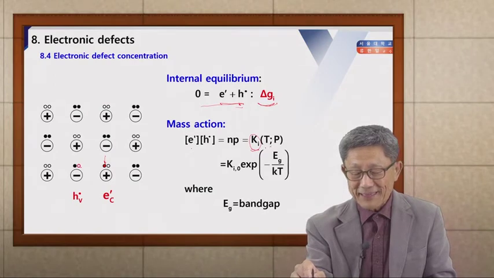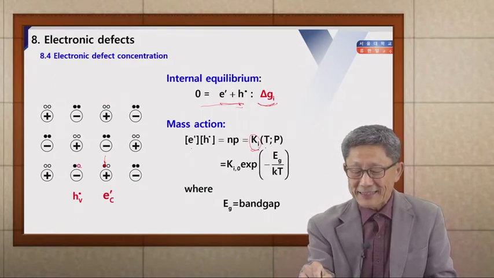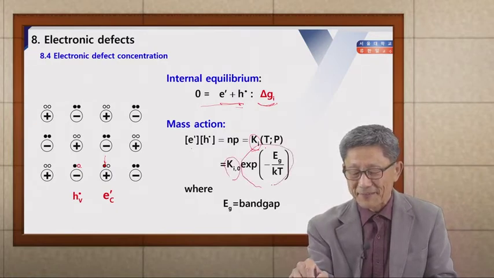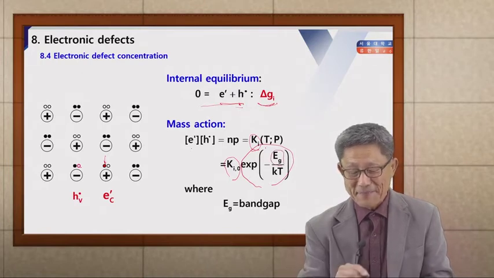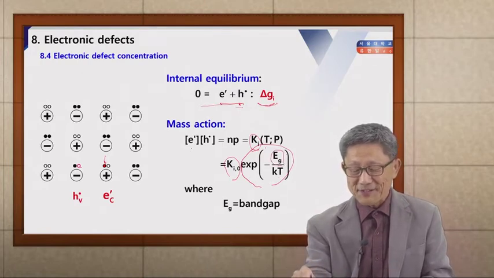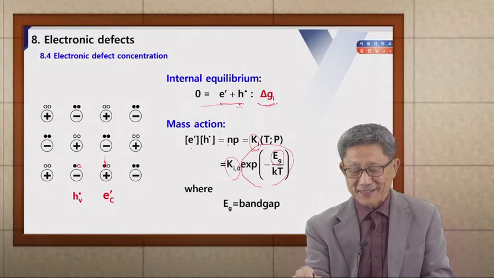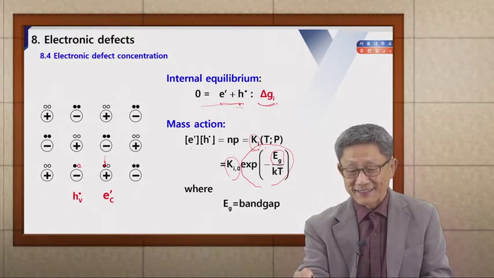Then this can be factored into a temperature independent term and a temperature dependent term. The temperature dependent term consists of the defect formation energy, in this case actually the band gap. Okay? Now, as you see here, as temperature increases, electronic defect concentration increases exponentially.